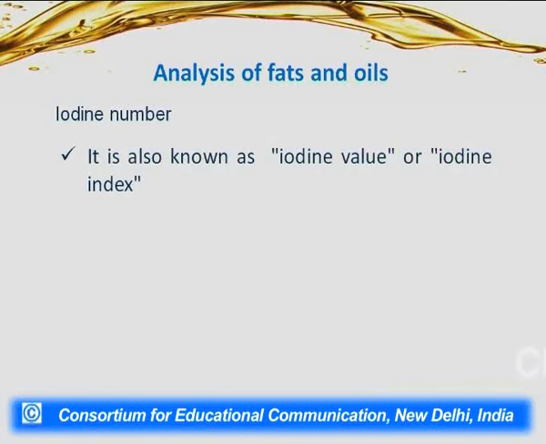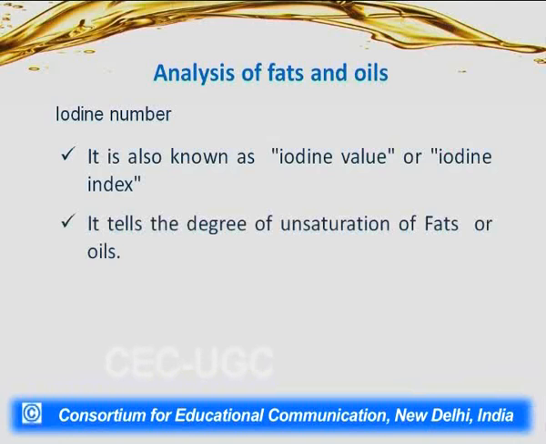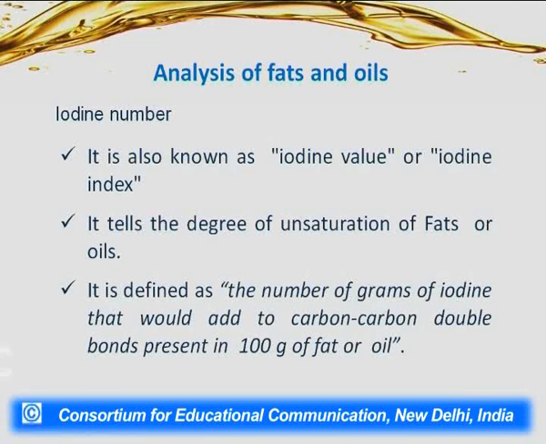Then iodine number. Iodine number is also known as iodine value or iodine index. It tells the degree of unsaturation of fats or oils. Actually, what happens is that when iodine is added to oil or fat, it adds across the double bond. You know that 1 pi bond will require 1 molecule of iodine, and it is defined as the number of grams of iodine that would add to the carbon-carbon double bonds present in 100 grams of fat or oil.